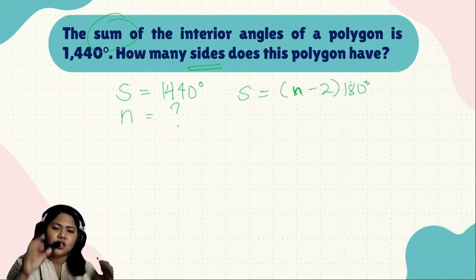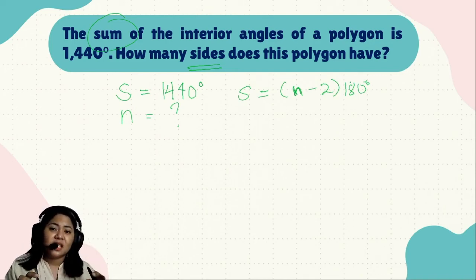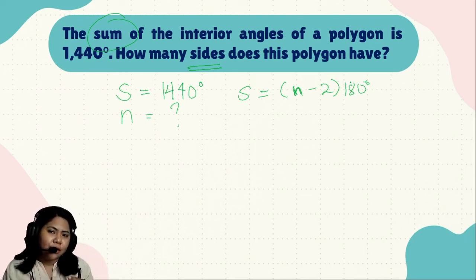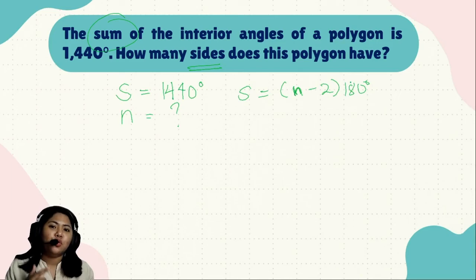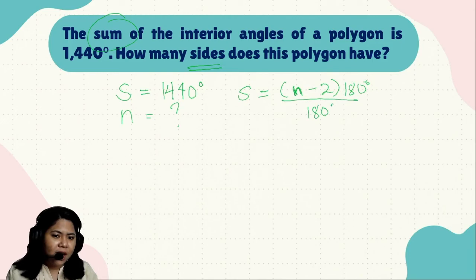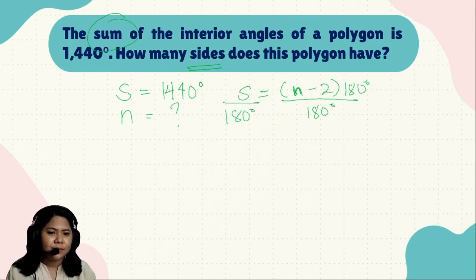Remember the operation between the parentheses and the 180 is multiplication. And if you would like to remove a multiplier, all you have to do is to do the opposite operation. And the operation opposite multiplication is division. So, divide tayo. Divide both sides by 180 degrees.